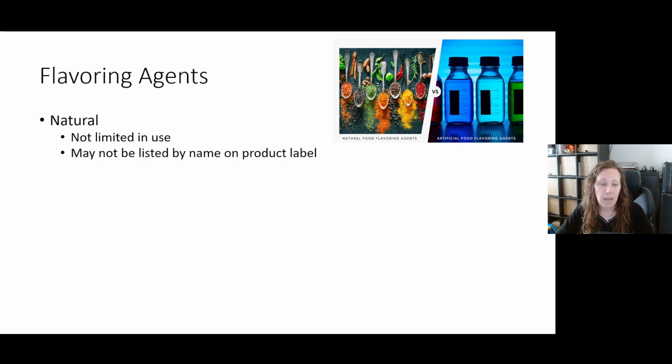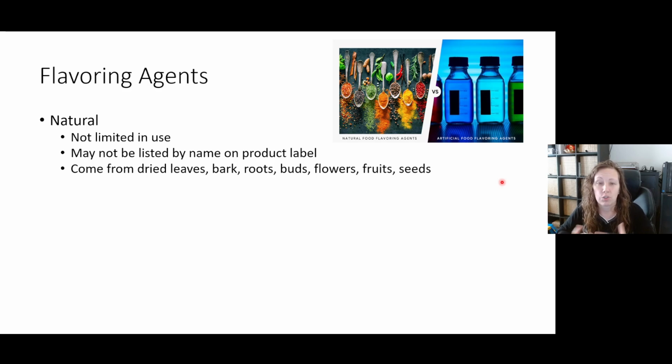They may not be listed by name on the product label. So I'm sure you've seen this in an ingredient statement before. You have this long list of ingredients, and then in the middle of there somewhere, you just have natural flavors, and you're just like, what in the world is that? Well, that's this, okay? And they can come from many natural sources: dried leaves, barks, fruits, buds, flowers, seeds.